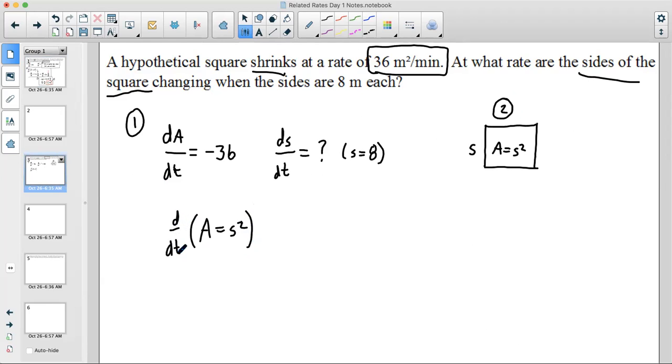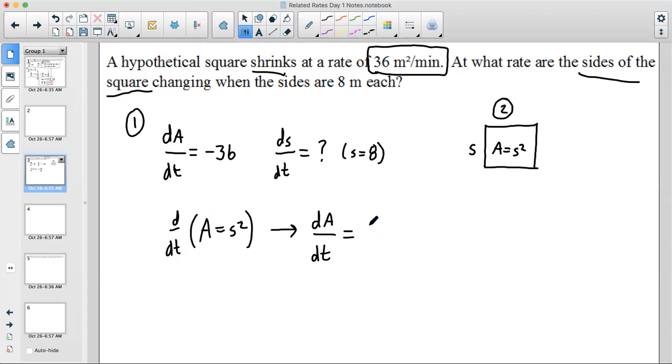The derivative with respect to time of A is dA/dt. Technically, it's 1 times dA/dt, but I generally don't write the 1 because this is just the variable A. Its derivative is 1 times the derivative of A, dA/dt. Now I have the derivative of something squared. The something here is S. And the derivative of something squared is 2 times the something times the derivative of the something.